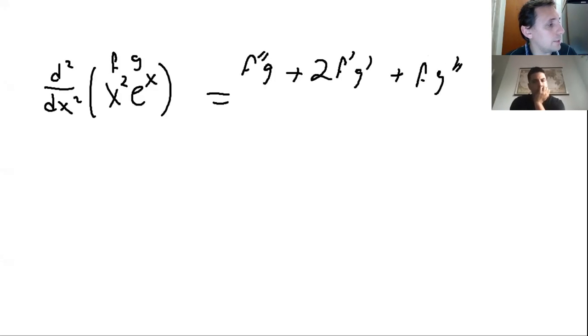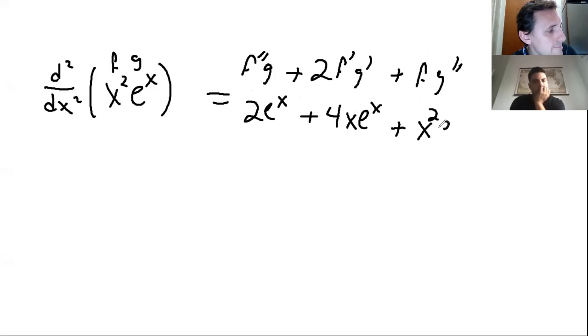What is f double prime? The derivative of x squared twice. It's 2x, and then it's just 2, right? The derivative of x squared is 2x. The derivative again is 2. So this is 2e^x plus 4x e^x plus x squared e^x. Good?